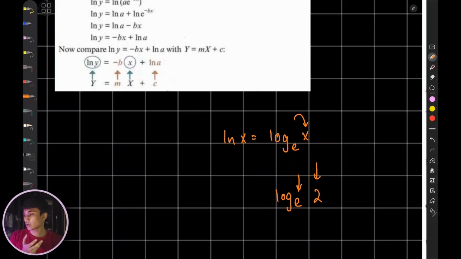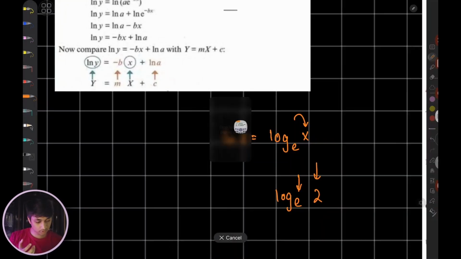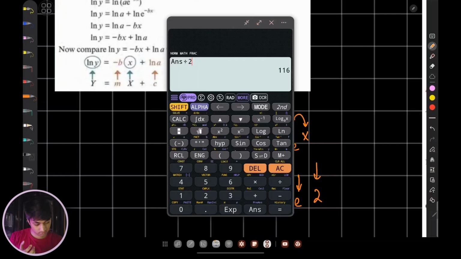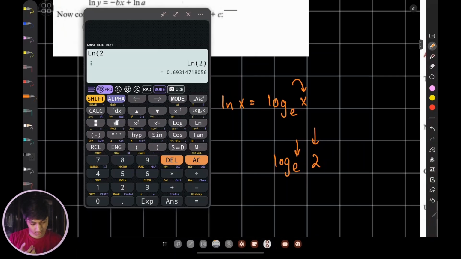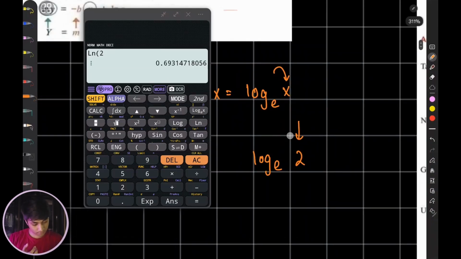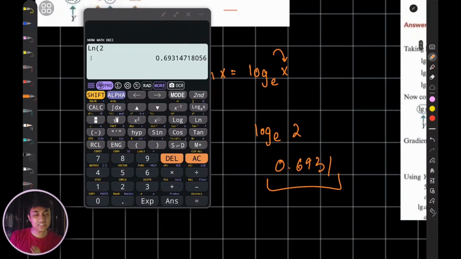If you use a calculator, let's see, ln of 2 gives 0.6931.